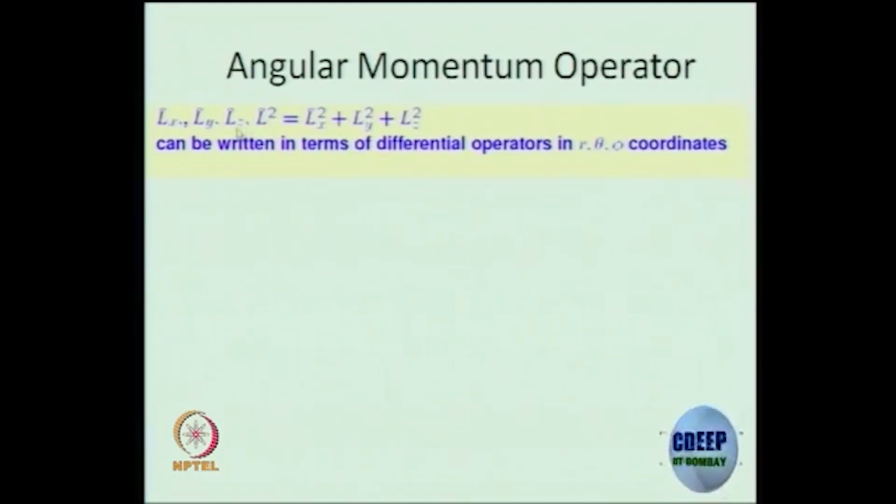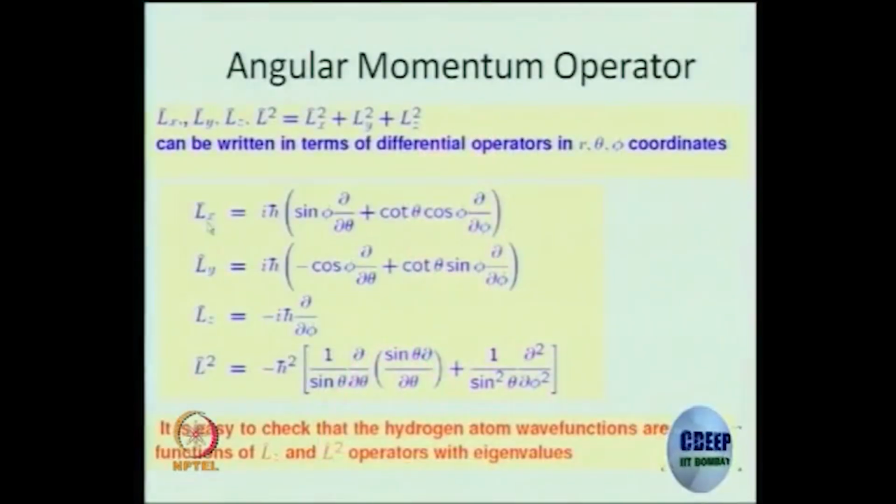What is Lz in spherical coordinates? Please check this, it is just a change of variable: write r cross p, the x component, in terms of theta and phi, and similarly for Ly. Lz will be minus i h cross del by del phi.